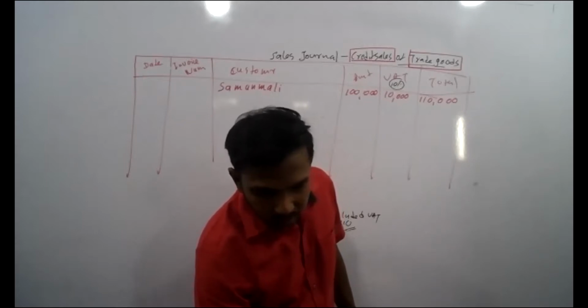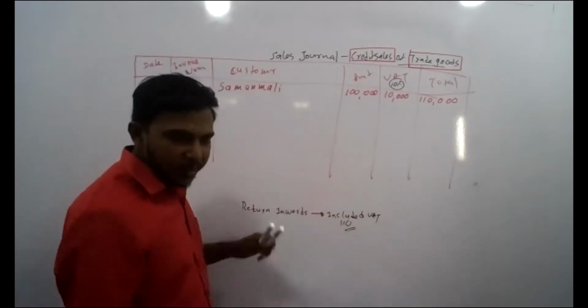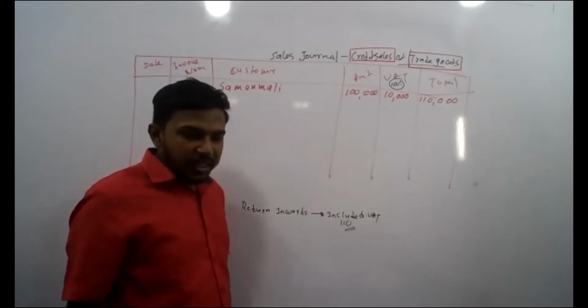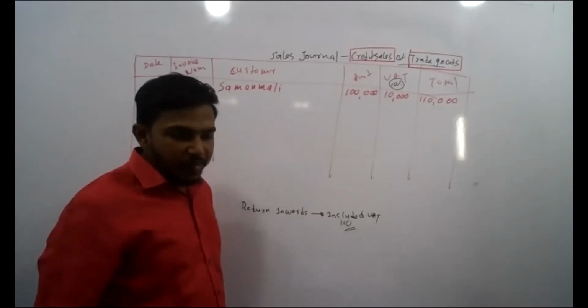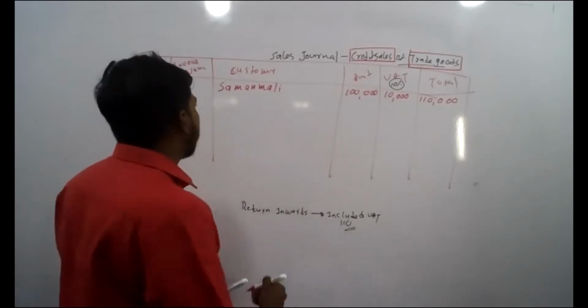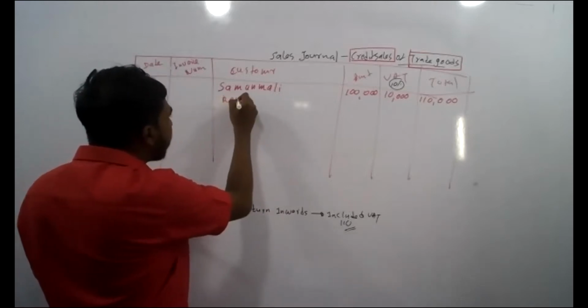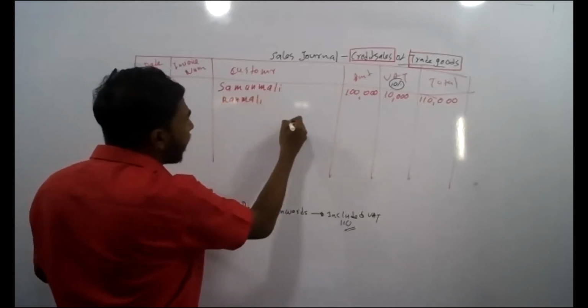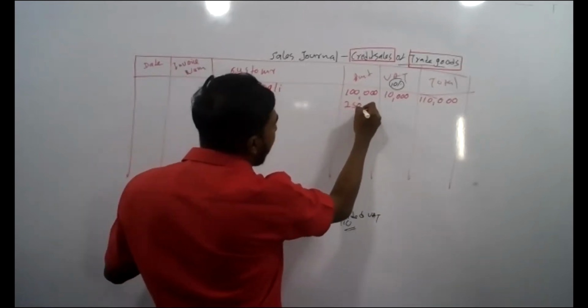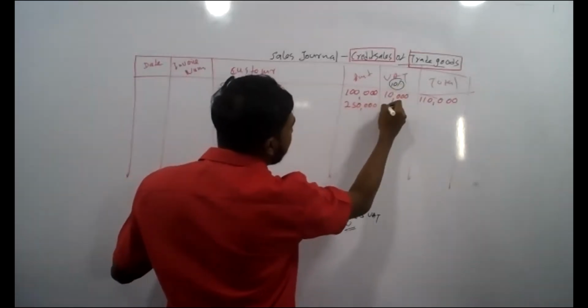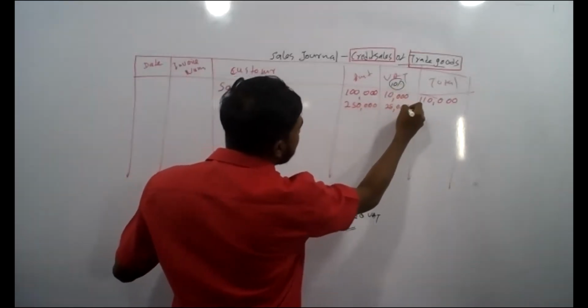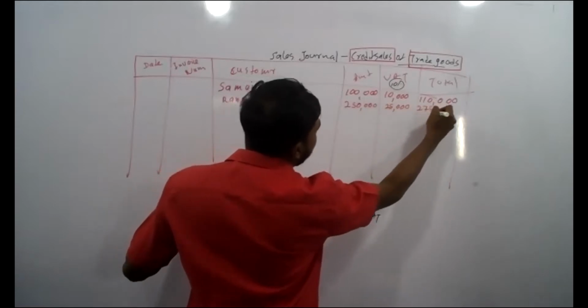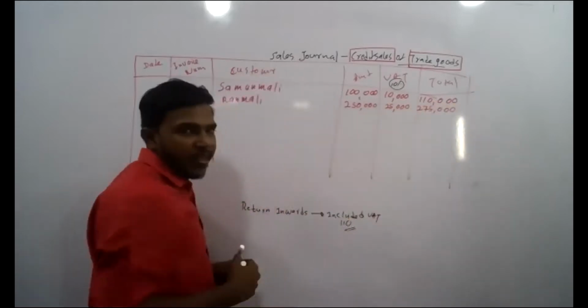Then the next one: sales to Ranmali on credit basis, 250,000. The amount is 250,000. 10% VAT means 25,000. So altogether here 275,000. Right?